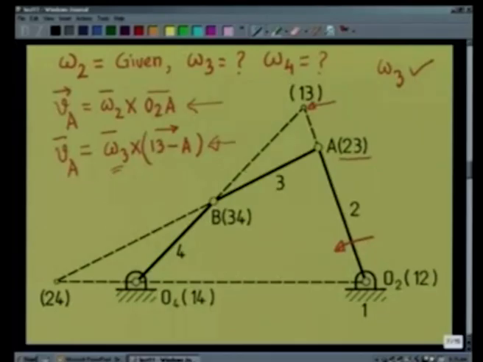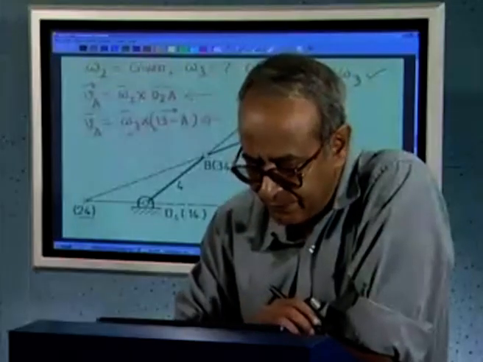To determine the output angular velocity, that is omega 4, that is of the line O4B, we consider the point 2 4, which we have already located. Now, 2 4 is a point whose velocity will be the same whether I consider it to be a point on body 2 or a point on body 4.